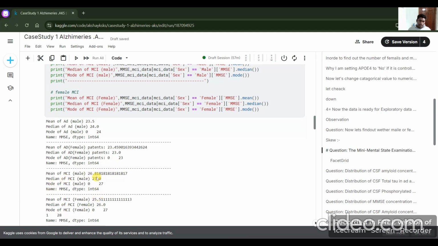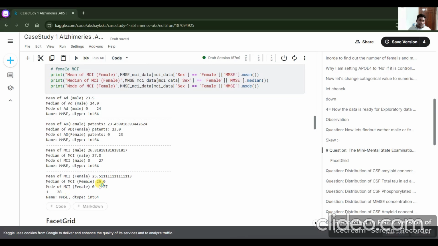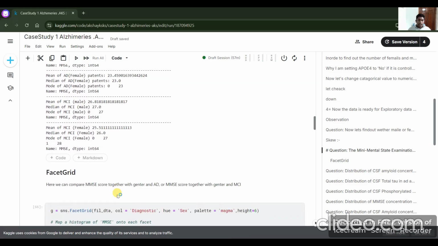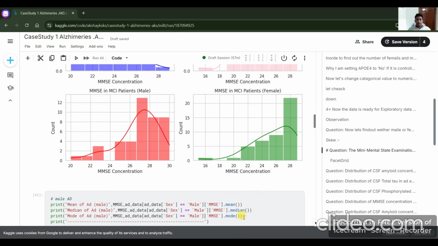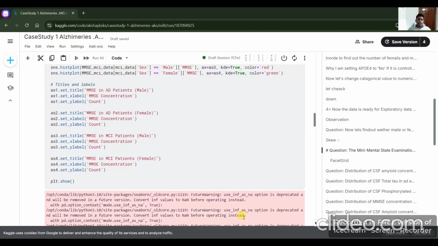Then mean of MCI is 26 point male, 27, and mean of MCI is 25.51, median of MCI female 26.0 and 27. Then next we can see mean median mode.